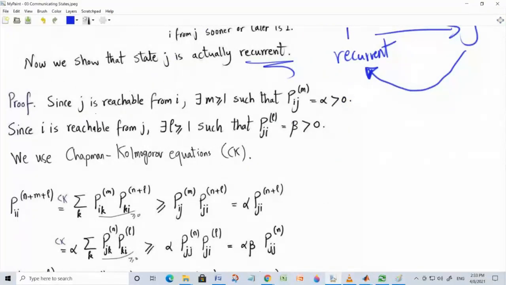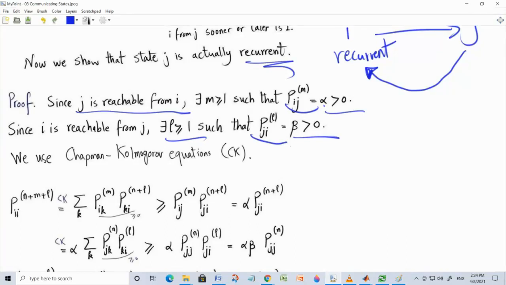J is reachable from I, so there is an M such that Pij of M is strictly positive. Now I is recurrent, and we have proved that I itself is reachable from J, and so there exists an L such that Pji of L is positive. I will call Pij of M alpha, and Pji of L beta. Alpha and beta are strictly positive.